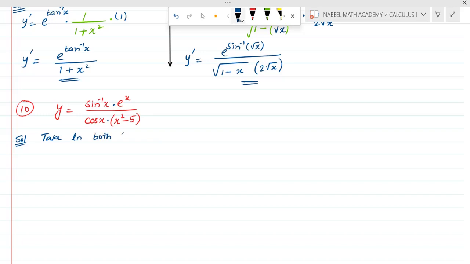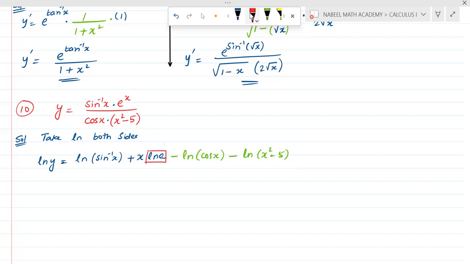You will get ln y equal to ln of sine inverse x plus x ln e, I use the property of the power as well. Now what about the denominator? All the terms in the denominator will be minus ln of cosine x minus ln of x square minus 5. Now since ln e is equal to 1, we know this part, which is log e base e, is equal to 1.